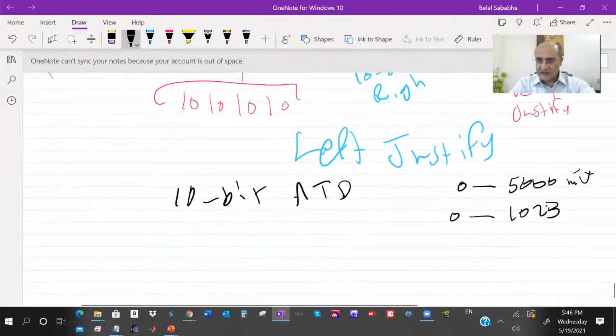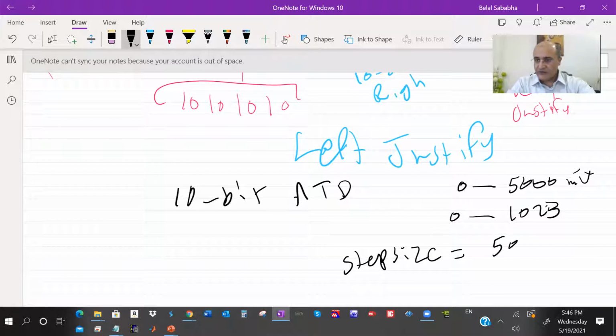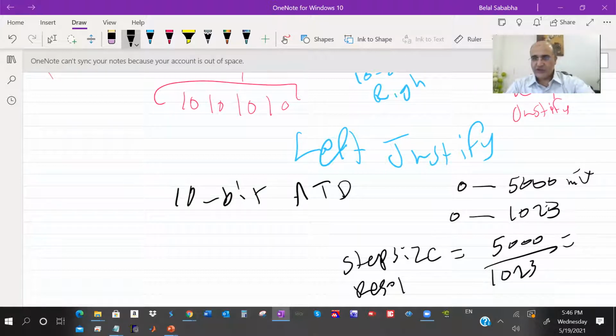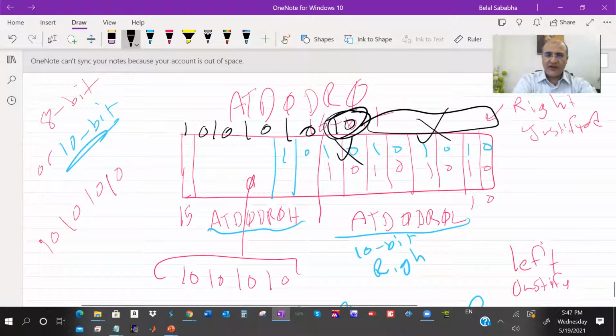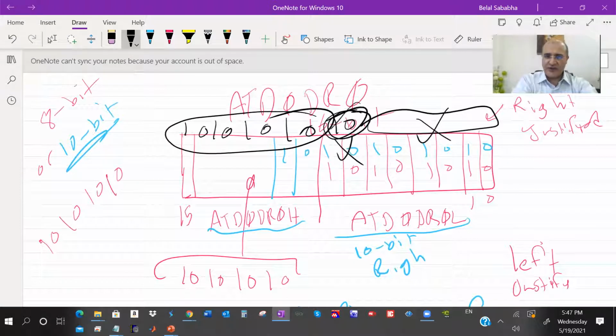So the step size would be 5,000 divided by 1023, or resolution if you want to call it. How much each number would represent in terms of voltage? It would be 4.88 millivolts, right?